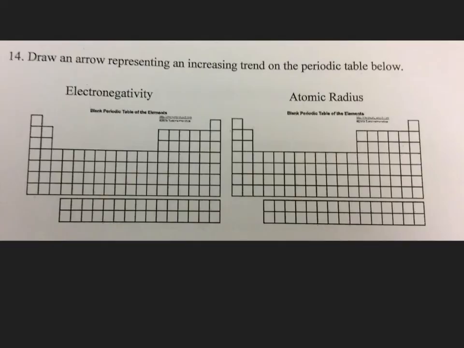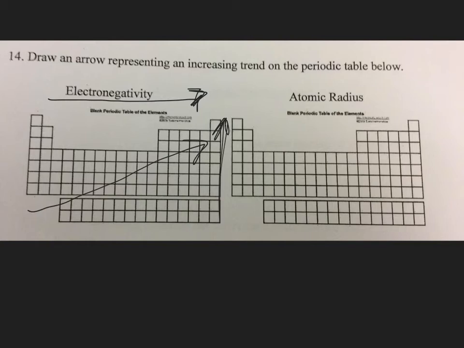Okay, represent the increasing trends, the direction in which these things increase. Electronegativity increases from left to right and increases from bottom to top. So the overall trend is up and to the right.